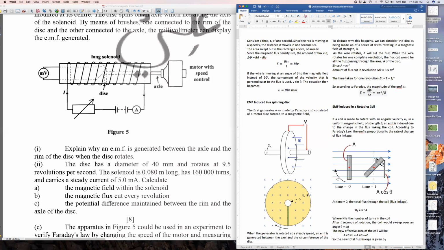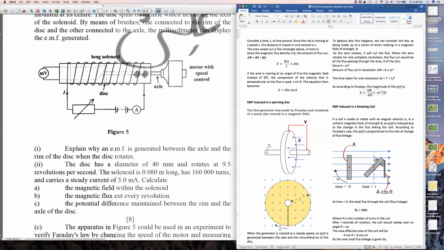We worked out that Δφ is the flux passing through that area, and the flux through any area is B times A. In this case, A is πr². Why πr²? Because the flux lines are at 90 degrees to the surface. So the area is πr². And that's the numerator.